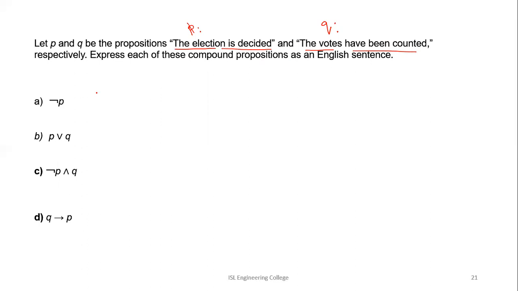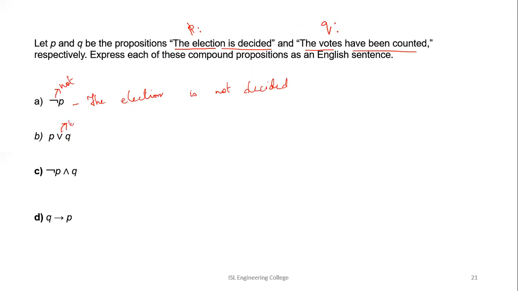Negation of P. So, the statement P is election is decided. Negation will be applying a not. So, negation denotes not. So, over here, negation of P will be the election is not decided. Another example, P or Q, and this is disjunction.